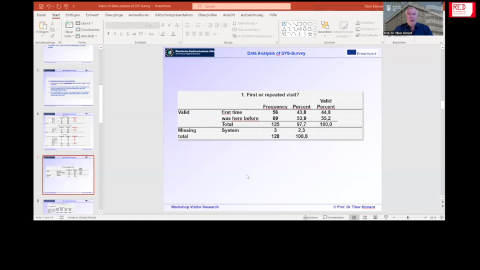Every cultural offer, every cultural institution needs a stable basis of regular visitors. Regular visitors are very loyal to the institution. They are accepting prices. They do not cause so much marketing costs.